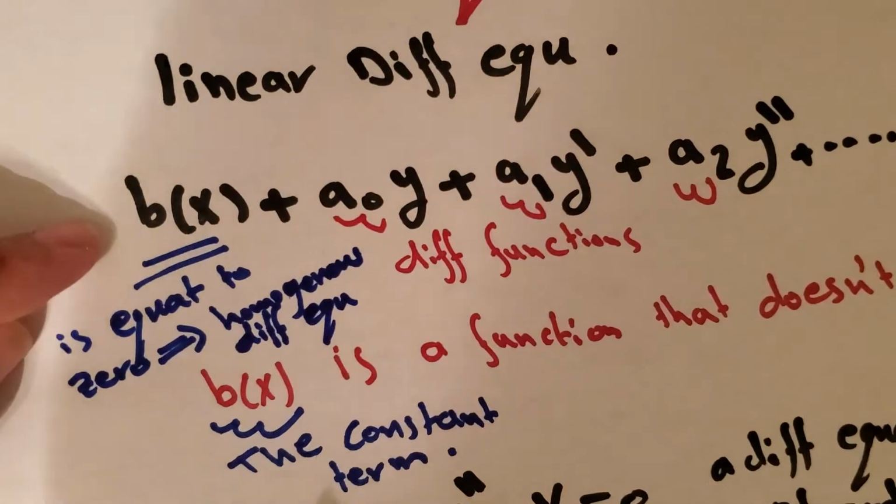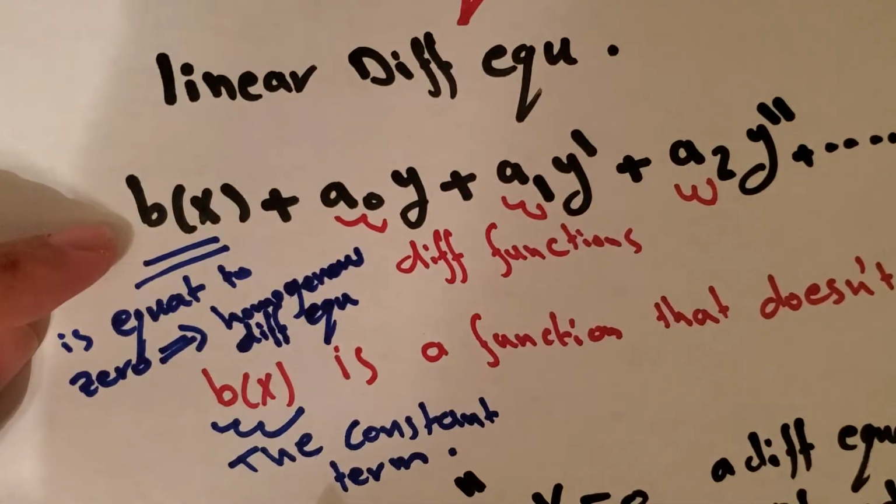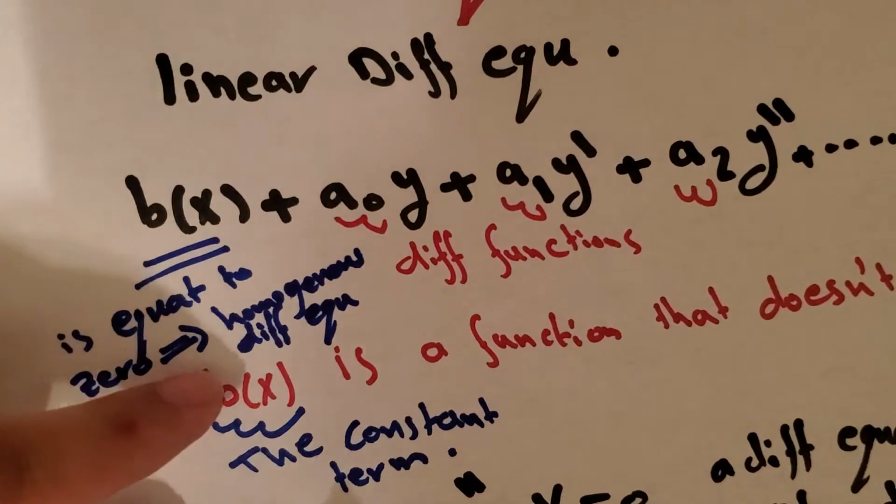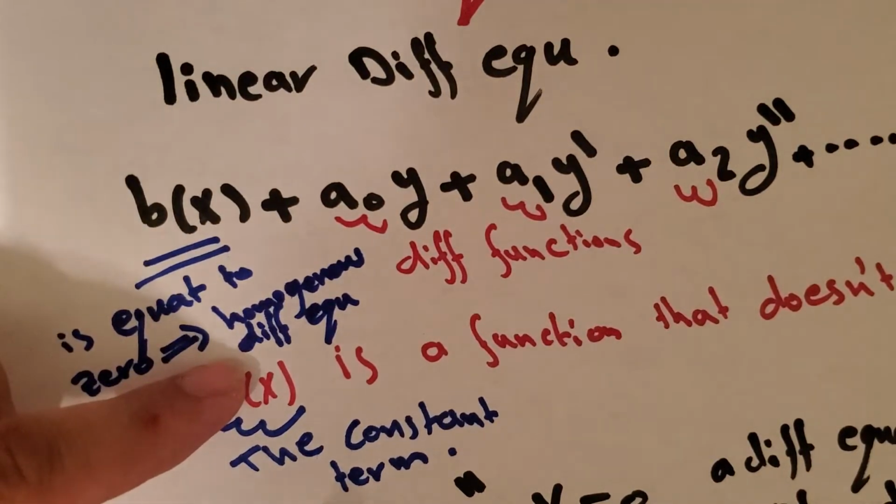So if b(x), the constant term, is equal to 0, then we call the differential equation a homogeneous differential equation.